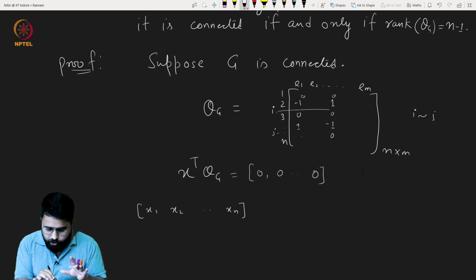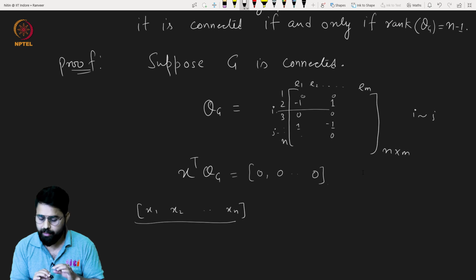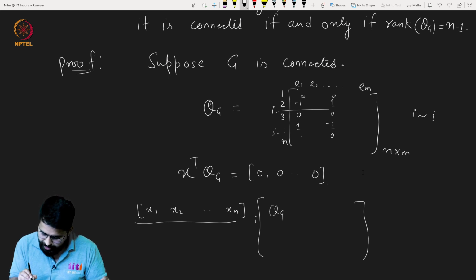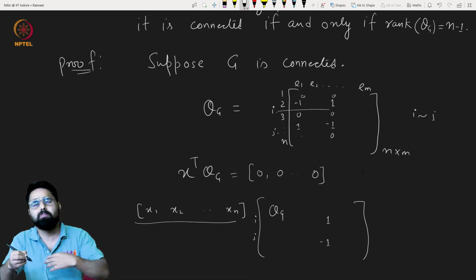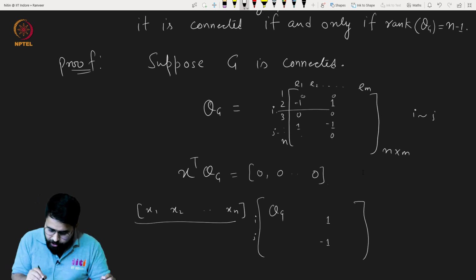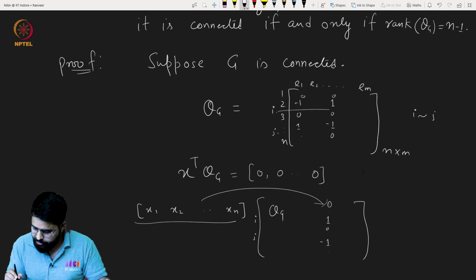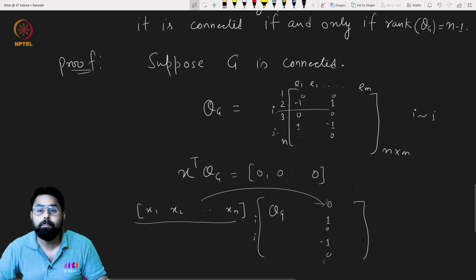Now when we multiply this vector with this matrix Q_G, recall that suppose this is your ith row, this is your jth row, the corresponding entries here will be either 1 and -1 or -1 and 1. When you multiply this vector with this column, the rest of the entries are by the way 0. So what will be the equation?